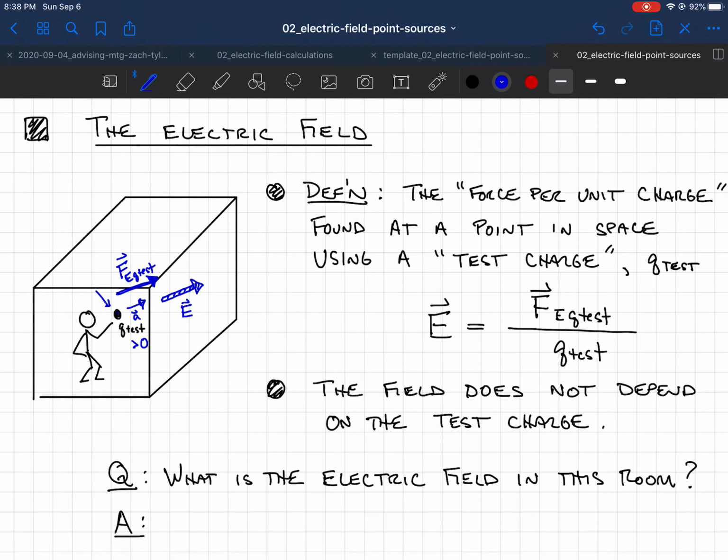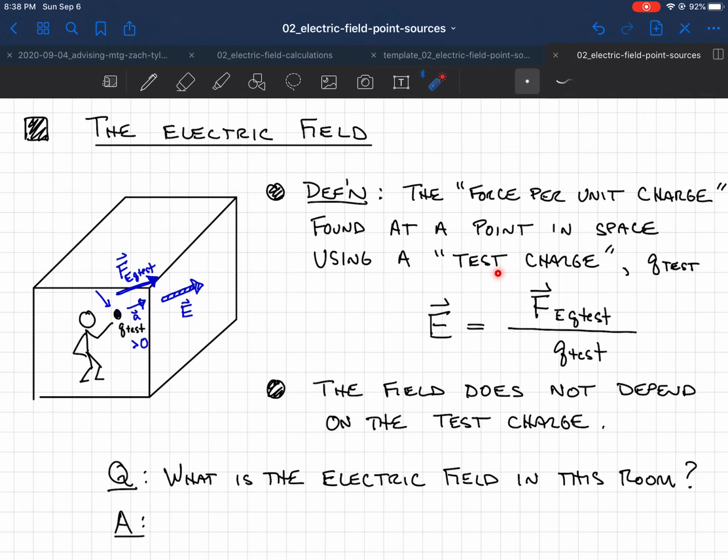So we could have actually done it the other way around. We could have taken a negative test charge if we wanted, and then we would have observed something different. We would have observed that the test charge would accelerate in the opposite direction. And if the test charge accelerated in the opposite direction, then that would mean that there's a force also in the opposite direction.